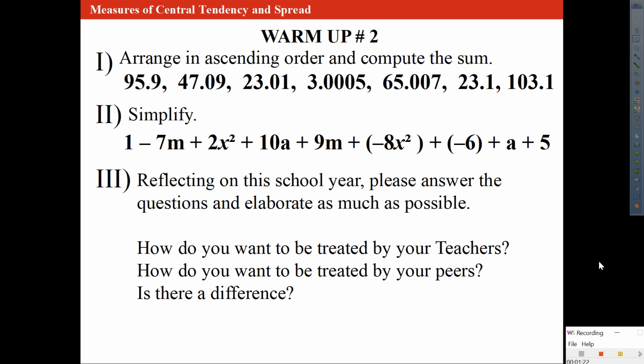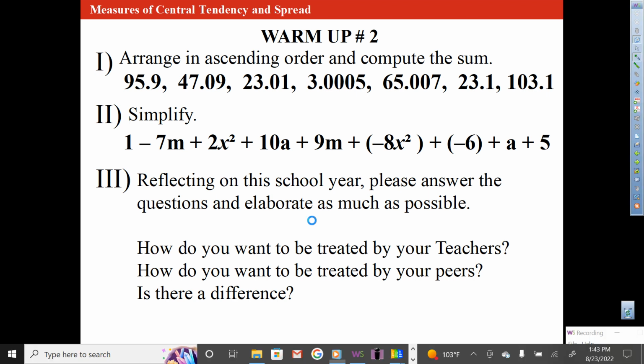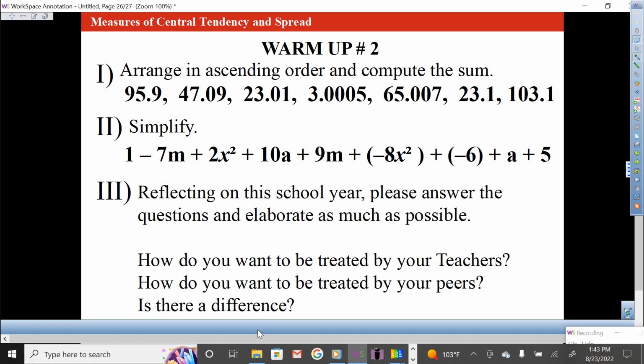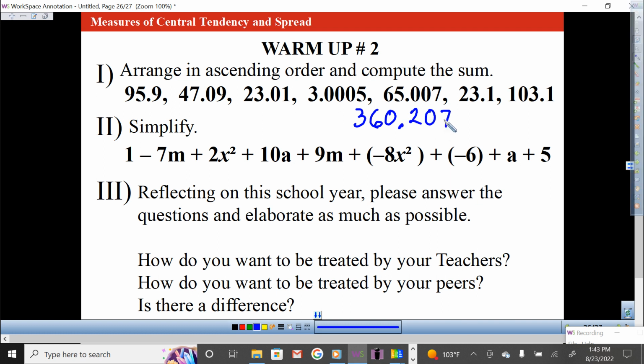All right, for number 1, I want the sum. Let's start with Mel. Mel, what would be the sum for number 1? 360.2075. Hands if you got that. Looks about right. That's our sum.